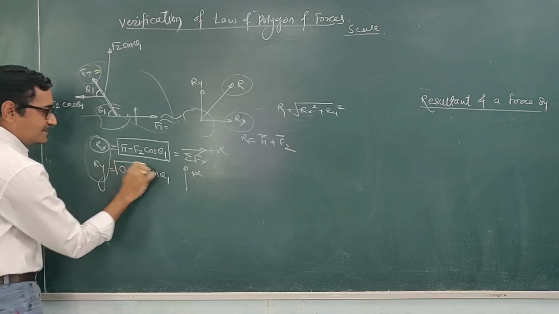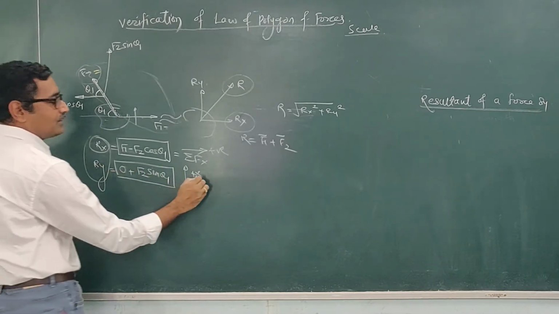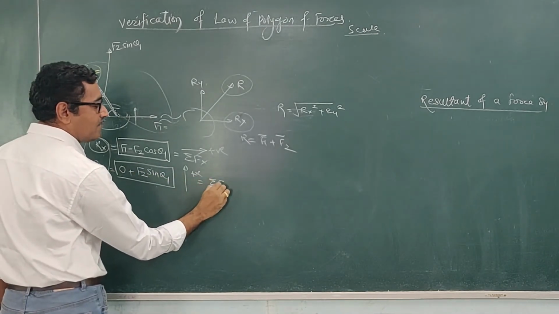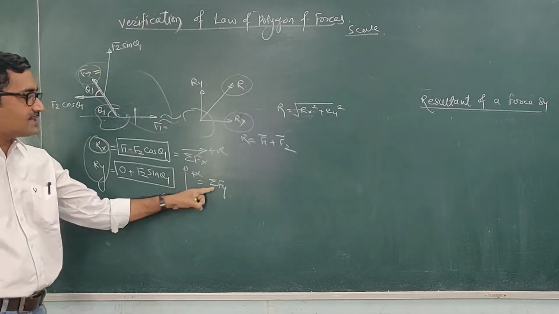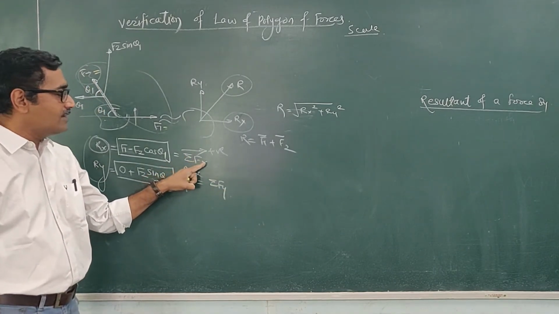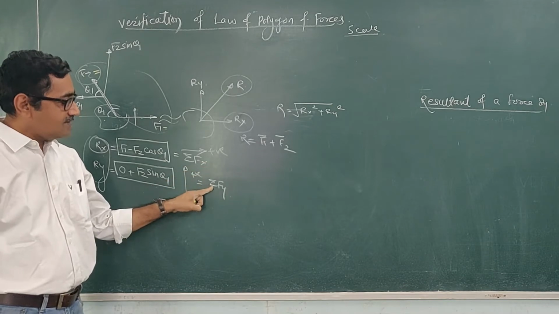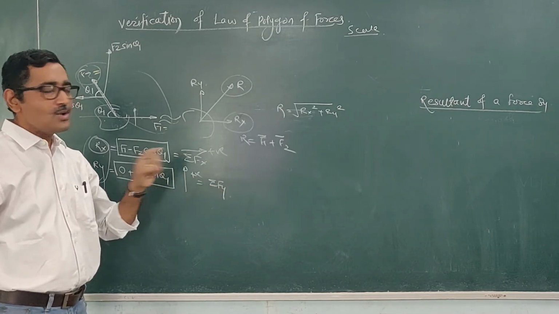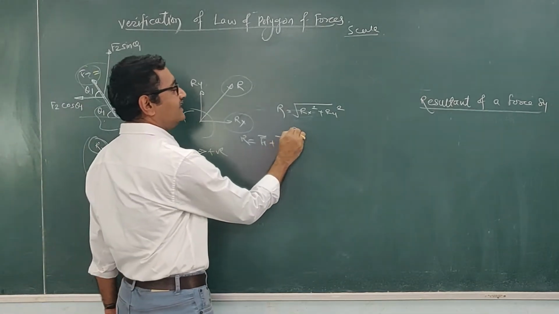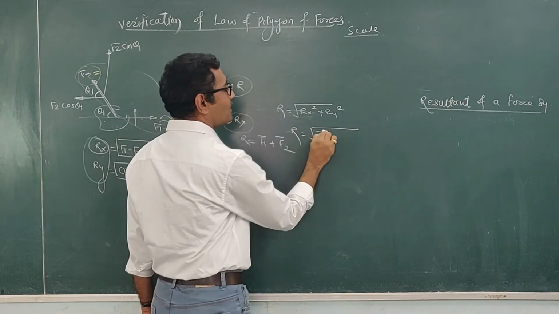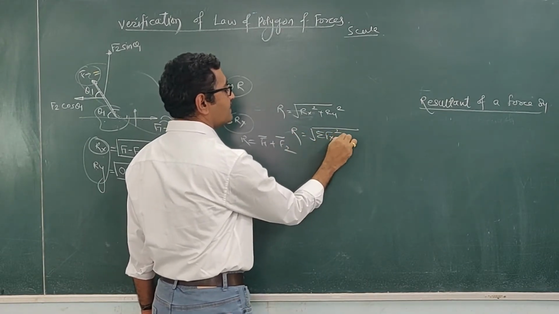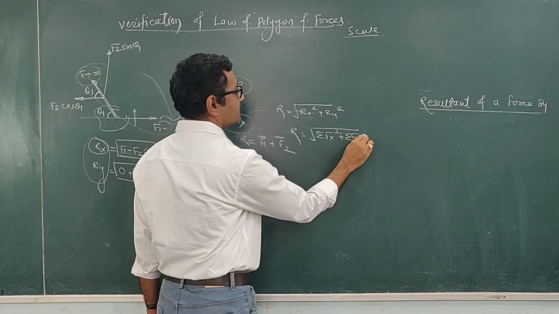And this Ry is nothing but the summation of all y components, denoted as the summation of fy. Sigma stands for the summation. This is the summation of all forces acting along the x direction, and this is the summation of all forces acting along the y direction. So this resultant can be written as under root of summation of fx square plus summation of fy square.